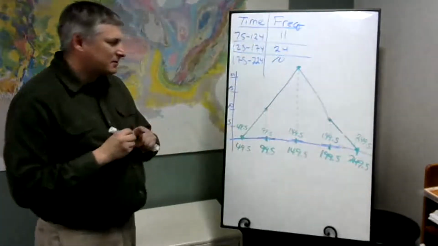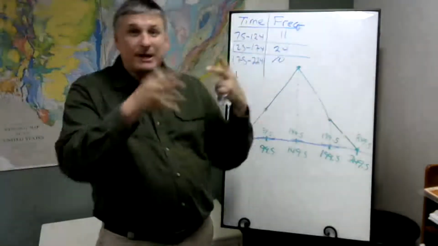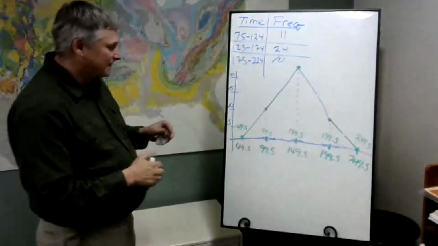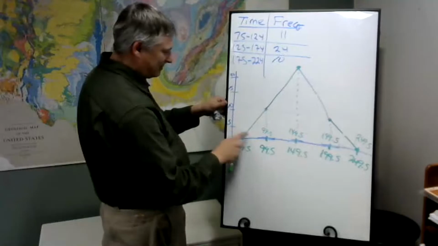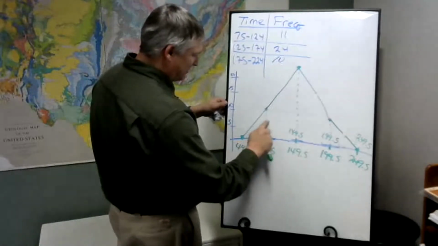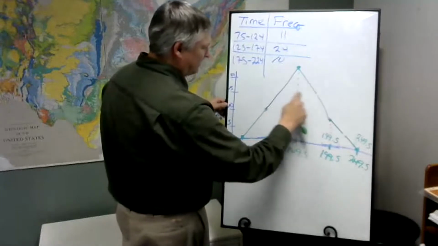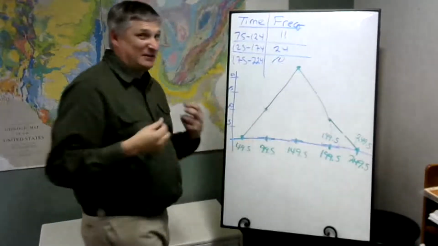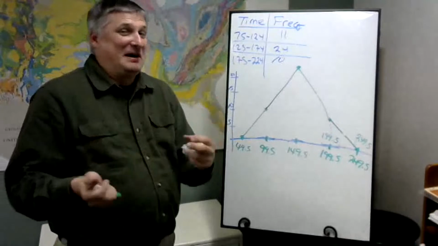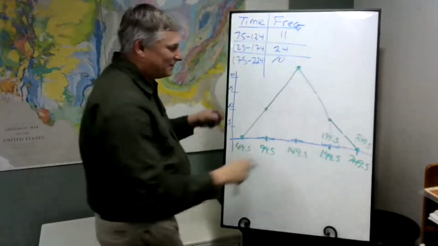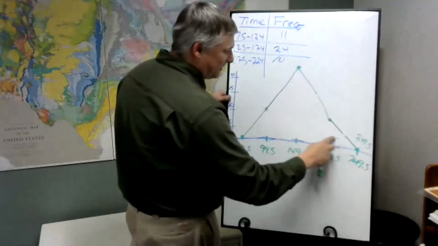What I'd recommend is at this point, instead of erasing what we did, stop the video and then redraw it. So if you've already started erasing, you might want to pause, go back and redraw it as it was, and then skip forward.